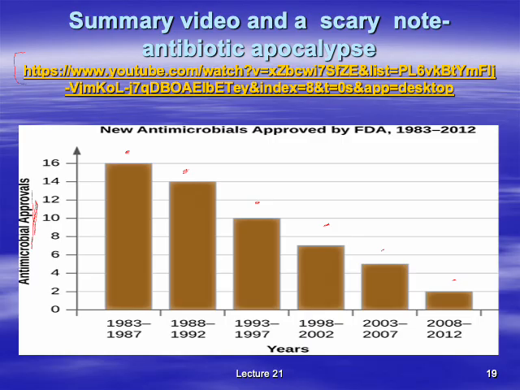A pharmaceutical company spends about 10 years and $300 million to bring one antibiotic to market. That's a big investment. And then they have to sell it and make enough money and profit for their shareholders. So they've got to recoup the $300 million, plus they have to make a lot after that.